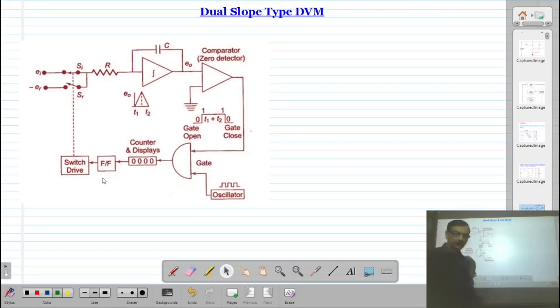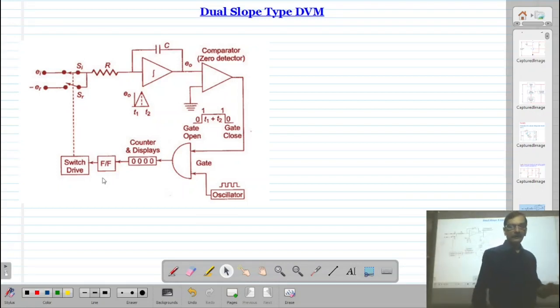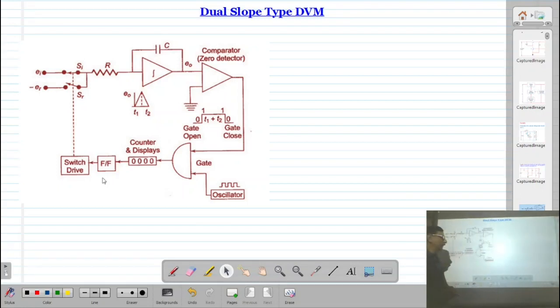Now, first of all, you try to understand each block of your circuit. Here, at this input, we have the input voltage which we want to measure. It is my unknown input voltage. And here some reference voltage is there.